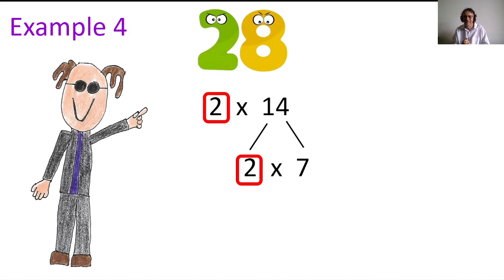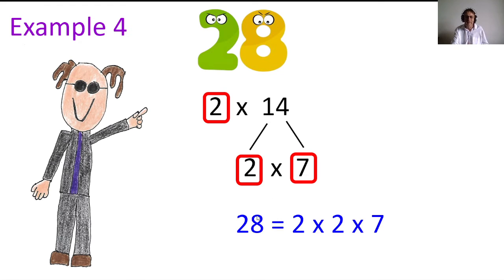Prime or composite? 7 is a prime number. It can only be divided by 1 and itself. So we've got 2 times 2 times 7. The equation is 2 times 2 times 7 equals 28. Got it? Yes?